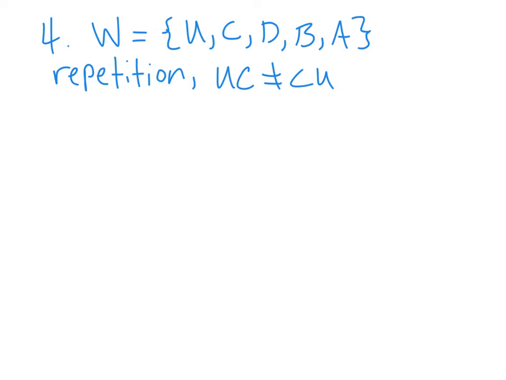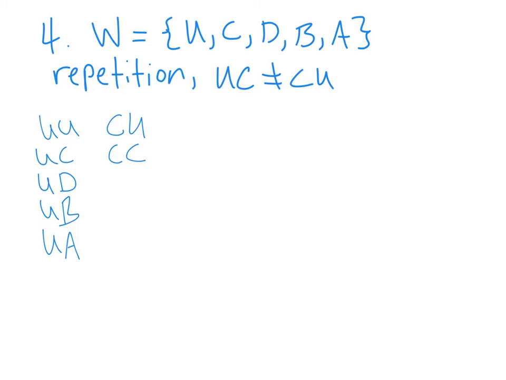We'll start with U, but this time the first thing we can put U with is U again, because repetition is allowed. And then we can do our UC, UD, UB, and UA. Right, and then we'll start with C. Now we can go backwards this time, so I would just start with CU, then I would go to CC, right, because we can put C with itself, we can put C with U, and then go forward CD, CB, and CA.